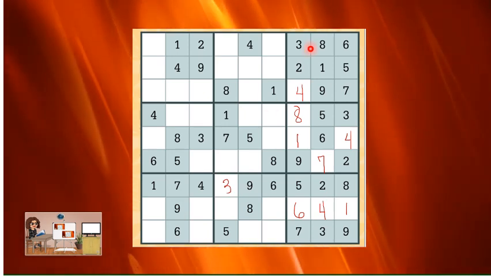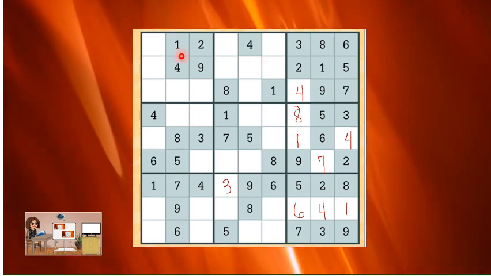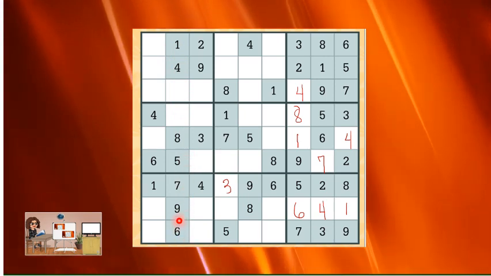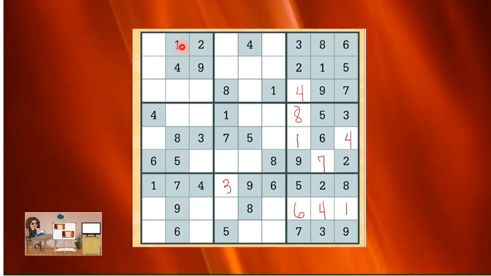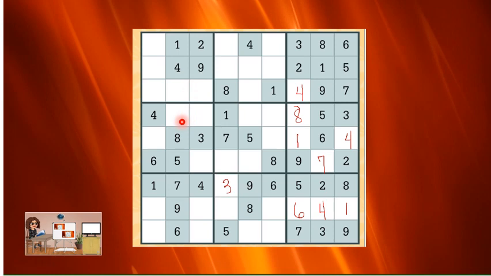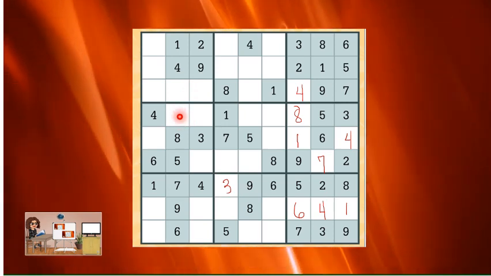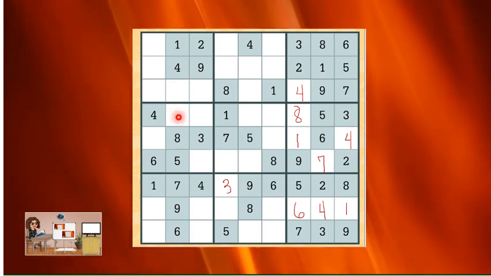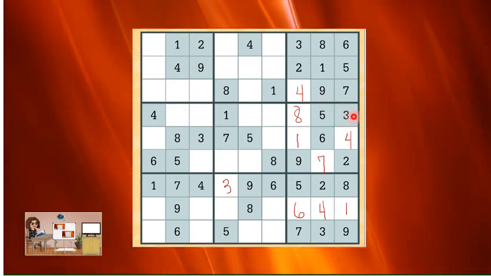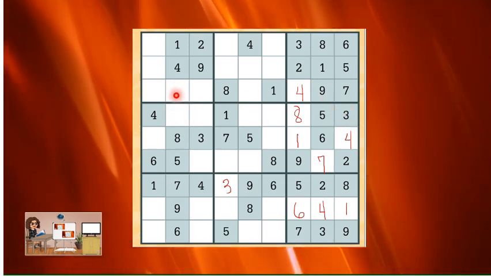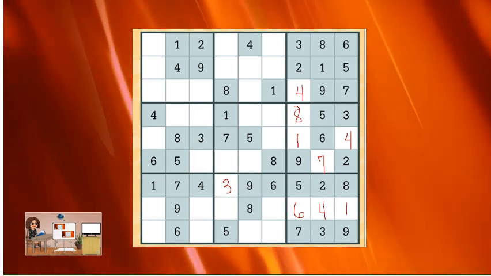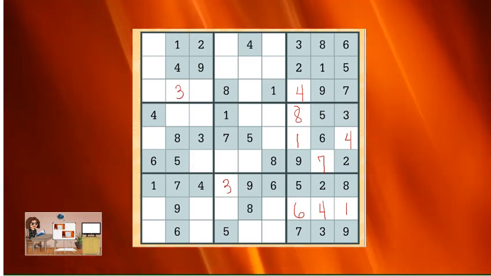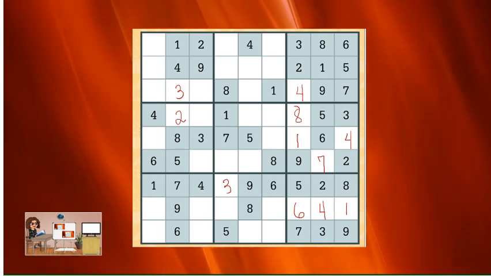Next, how about on this column? We have the numbers 1, 2 is missing, so it's possible to write 2 here. 3 is also missing, but we cannot write 3 here because of this number 3. So therefore, 3 should be placed here and 2 should be here.